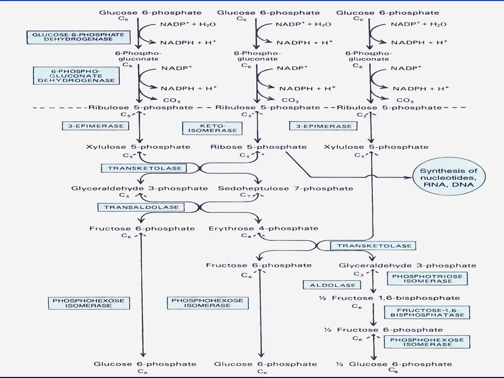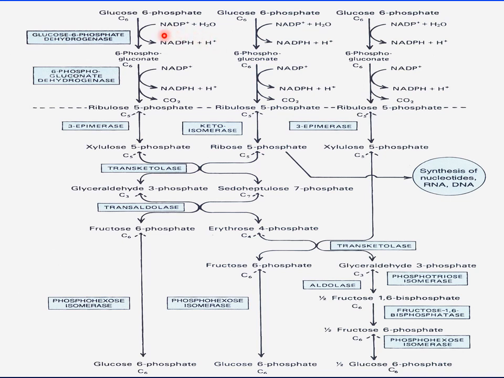Now, this picture looks a bit scary at first glance, but let me break it down to you and show you the simplicity. First of all, at the top here, we've got the oxidative phase of this pathway, driven by these dehydrogenation enzymes. And then in the bottom half of this picture, so below this line running through here, we've got the non-oxidative phase of this pathway.